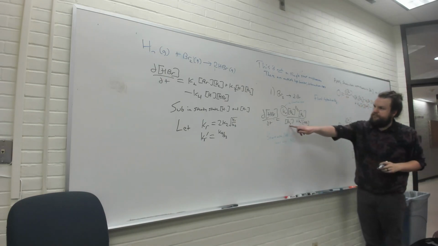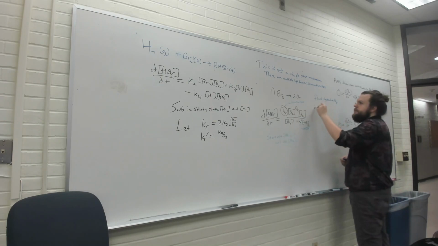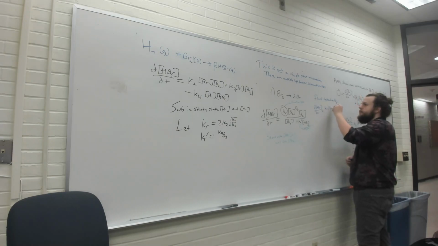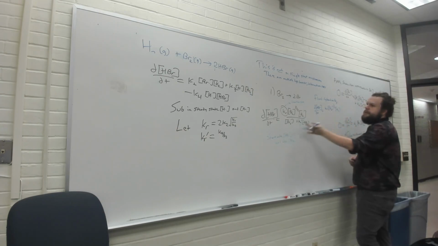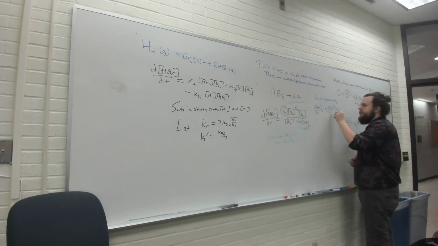What happens? Well, this term is much bigger than this one. So let's do the numerator. That doesn't change. But in the denominator, this term right here is much bigger than this one. So you're left with Br2.